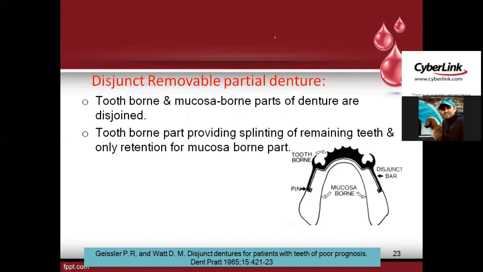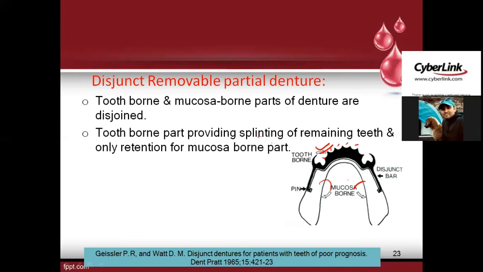Disjunct removable partial denture. The tooth-borne and mucosa-borne parts of the denture are disjoint. Tooth-borne, this is the tooth-borne part where we are getting these pointed ends because of the interproximal area, and mucosa-borne, this area is mucosa-borne.